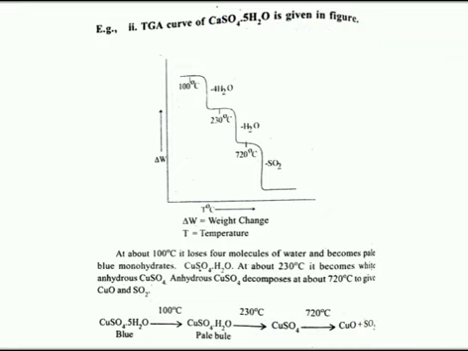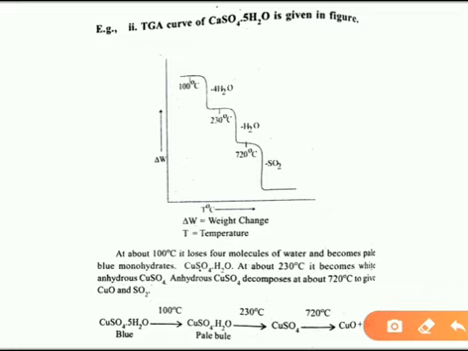In this, the copper sulfate loses 4 water molecules at 100 degrees Celsius, and then it loses the 1 water molecule present in the lattice at 230 degrees Celsius, and it becomes white anhydrous copper sulfate. After that, around 720 degrees Celsius, it loses sulfur dioxide and gives copper oxide.